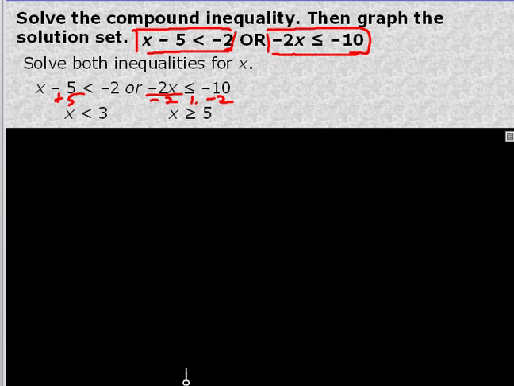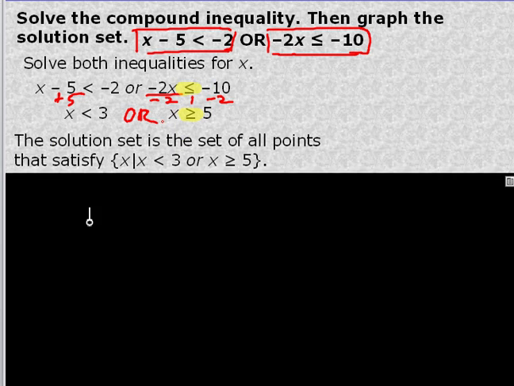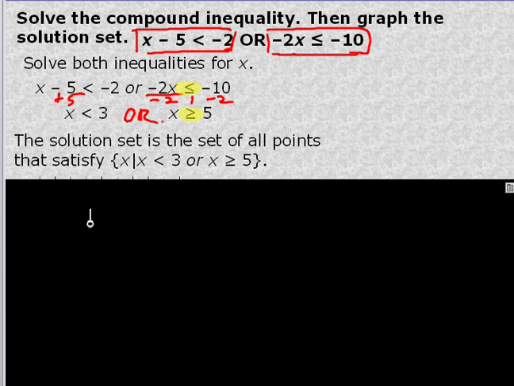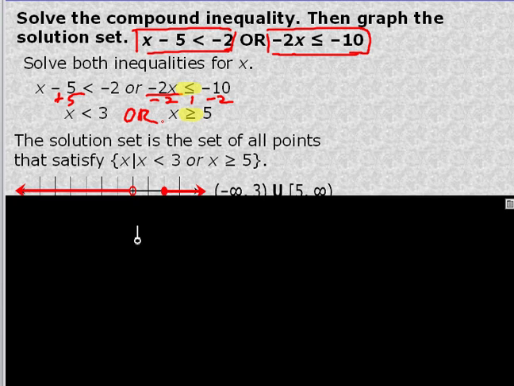As you can see right here, it's been switched. So here we have X is less than 3 or X is greater than or equal to 5. So if we graph it, here's the solution set. The set of X such that X is less than 3 or X is greater than or equal to 5.